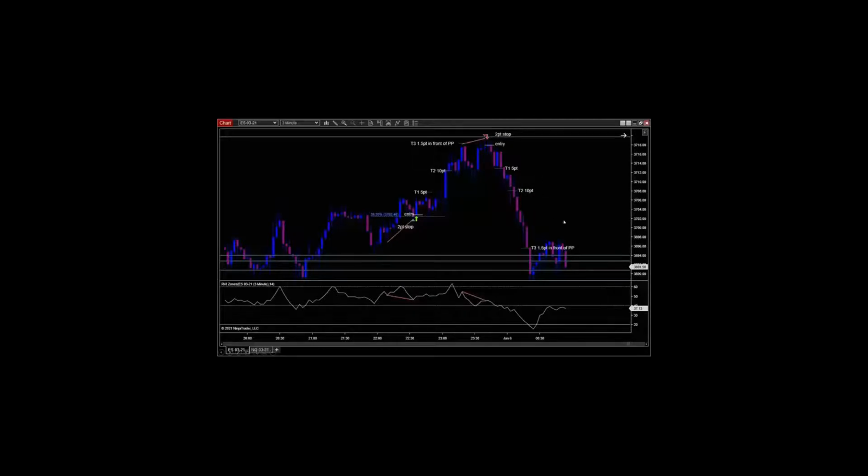Something else to point out, I don't know if I said it: the third part of my position, the last third, I'm looking to get out just in front of a prediction point. In this instance, it happened to be something like 15 points, but on this trade it ended up being something like 20 points on that final part of the position.